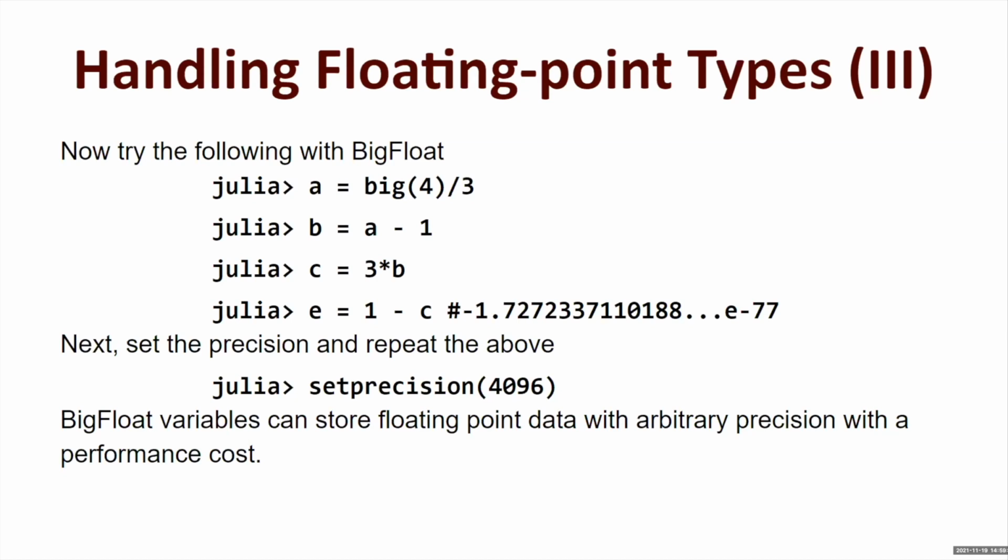But now you can do even better. You can change the precision to a much higher number. I'm not sure if it's arbitrary, but there must be some limit there.